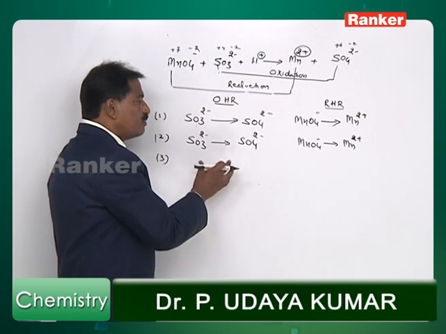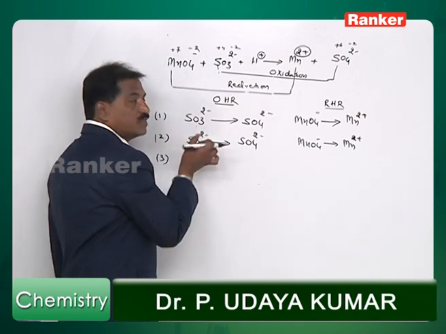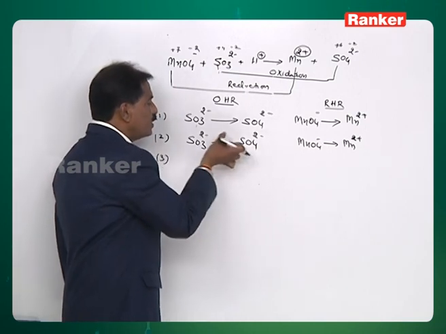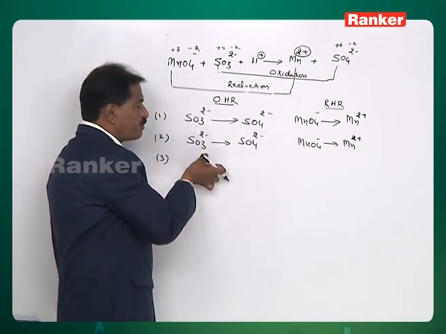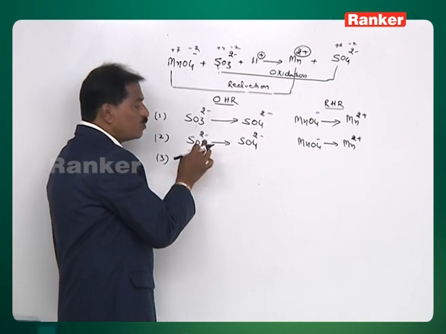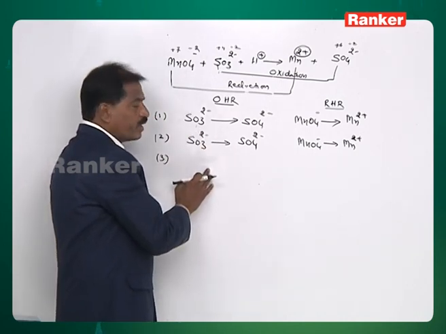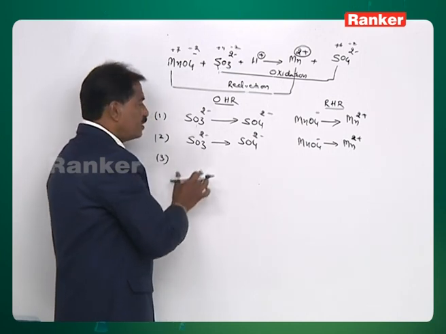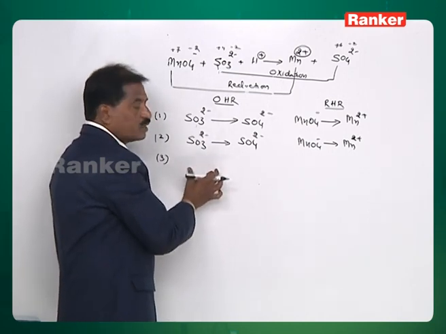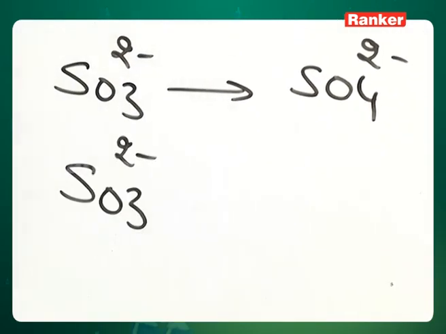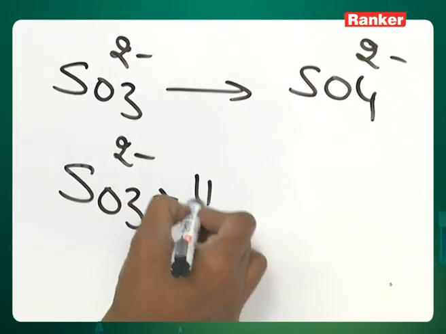For addition of the water molecules, you count the oxygens. First find the difference. Here 3 and 4. Here deficiency of oxygens is present. How many oxygens are deficient? Only 1. So for the deficiency of each oxygen, add 1 water molecule. That means here we have to add 1 water molecule. So SO3 2 minus plus 1 water molecule.